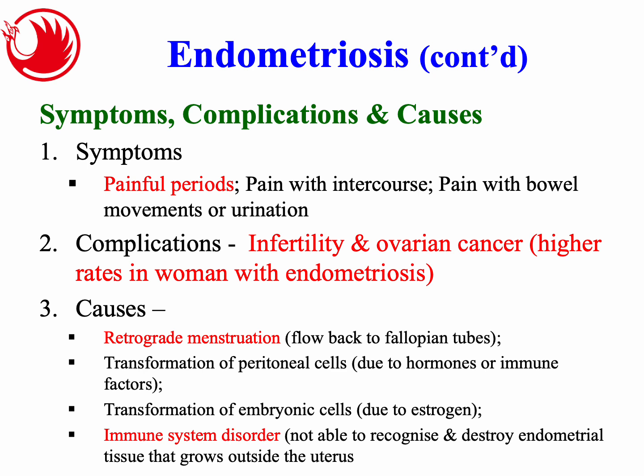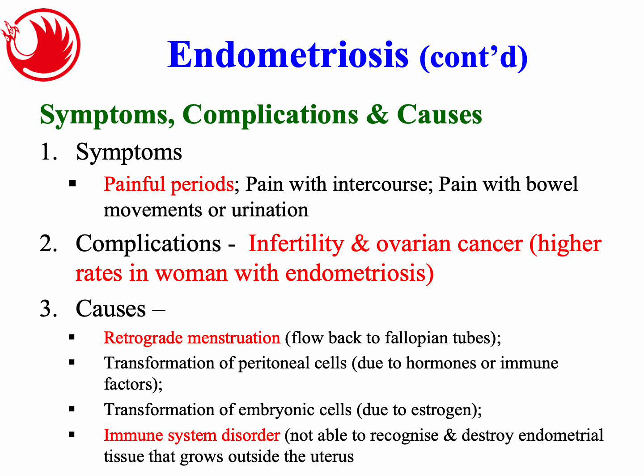This is one of the problems. The other one is the transformation of peritoneal cells, where hormones or other factors cause cells in the abdominal lining to turn into endometrial tissue. Another cause is the transformation of embryonic cells.